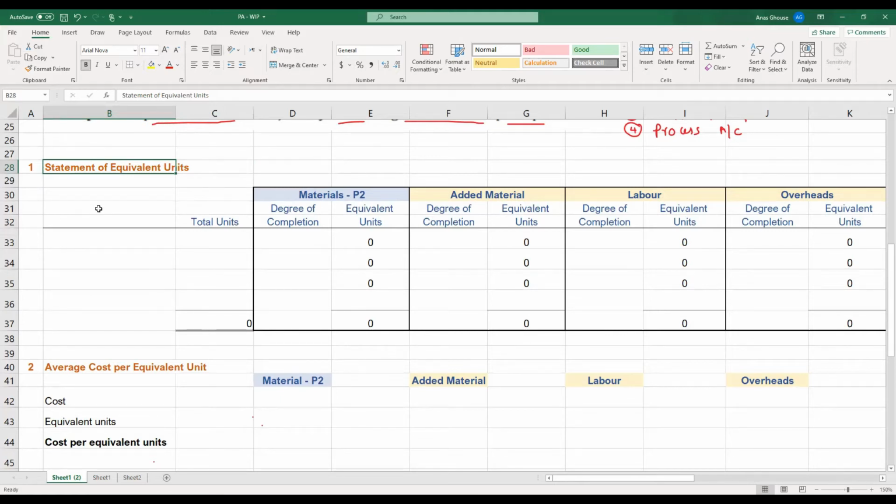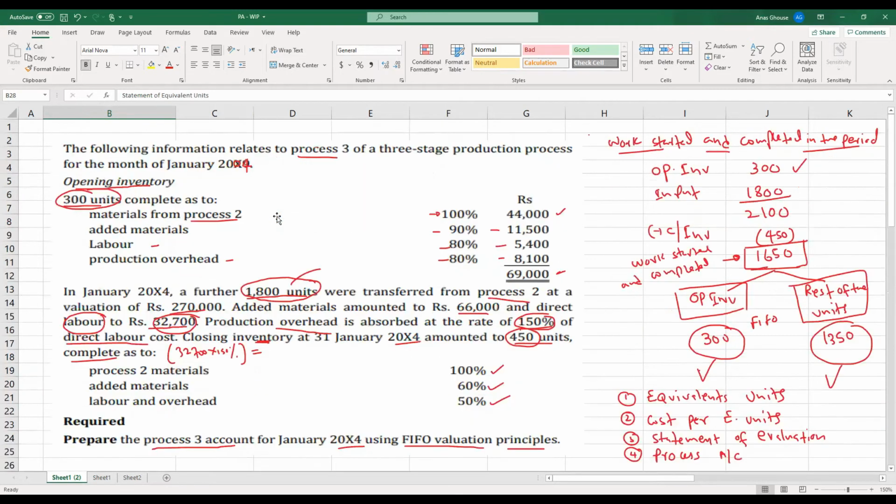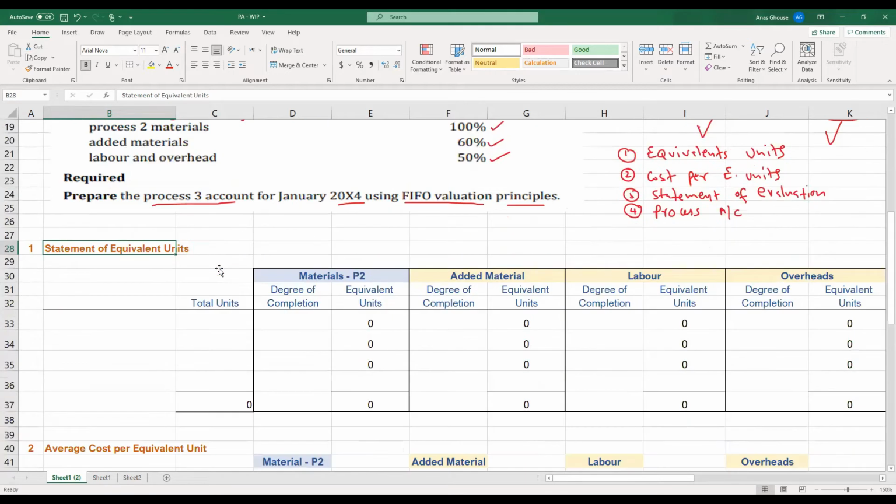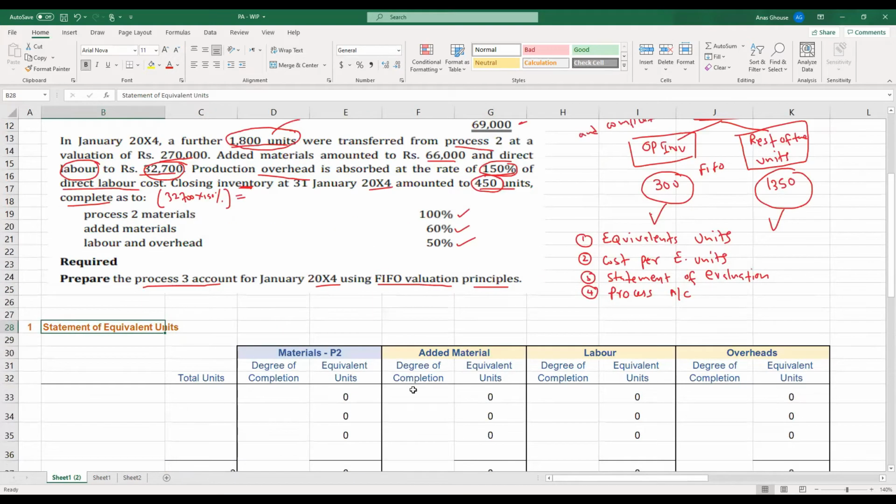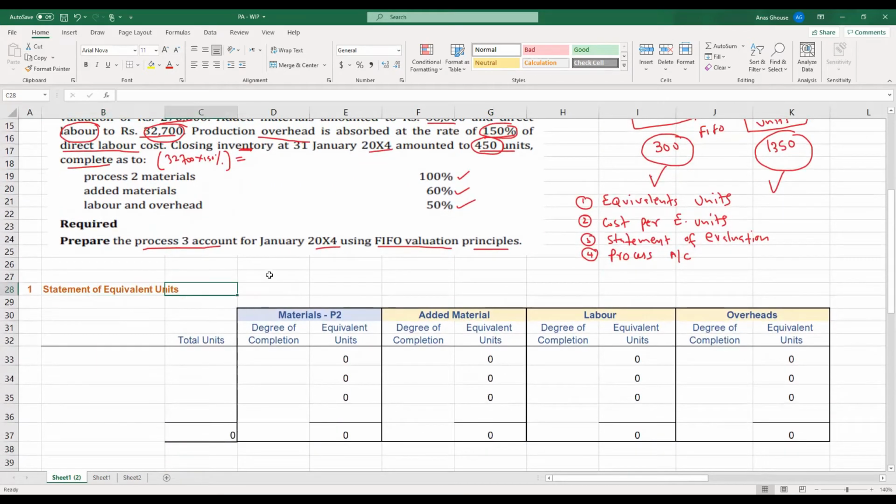As we are given 4 cost categories, which are material from process 2, added material, labor, and production overhead, we'll take 4 columns to calculate the equivalent units.